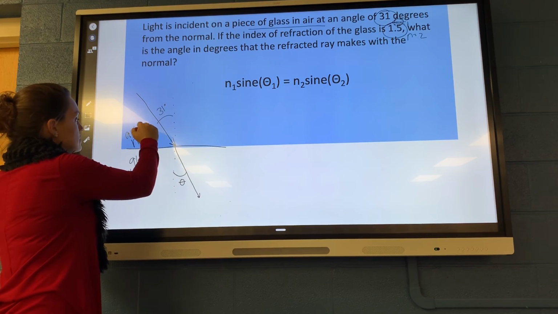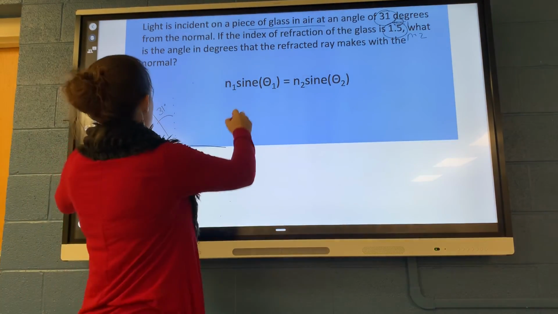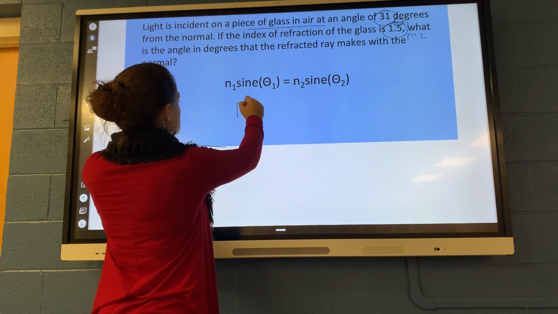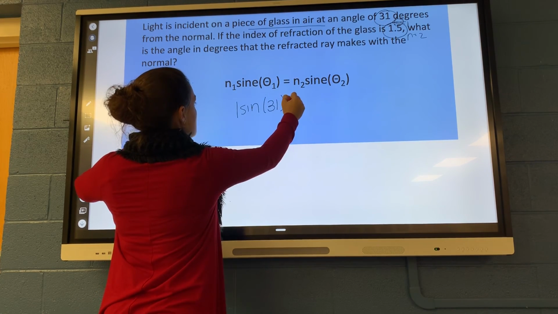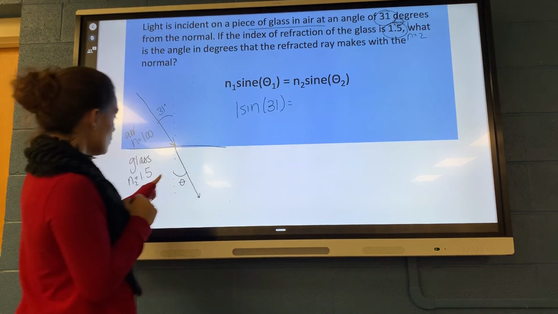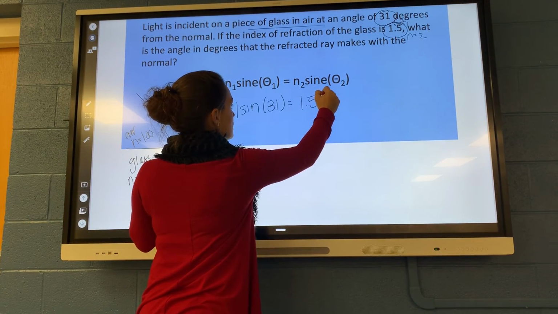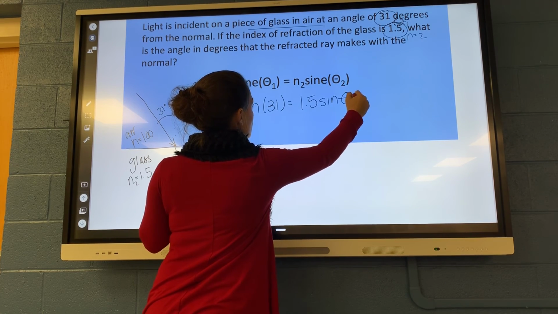It is 1.00 or 1. All right, so you have 1, I'm going to plug it in, 1 times the sine of that angle, which is 31, equals n2, which is 1.5, times sine of angle 2, which is what we're looking for.